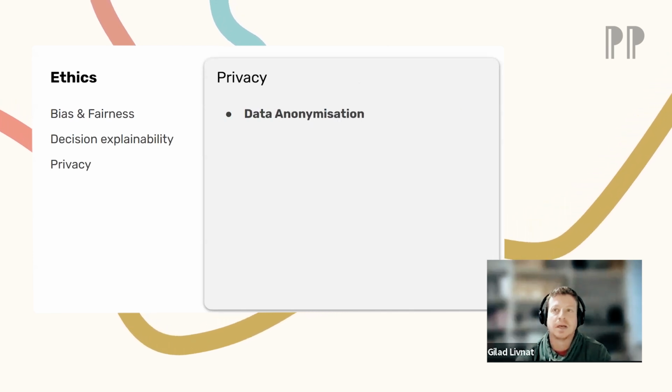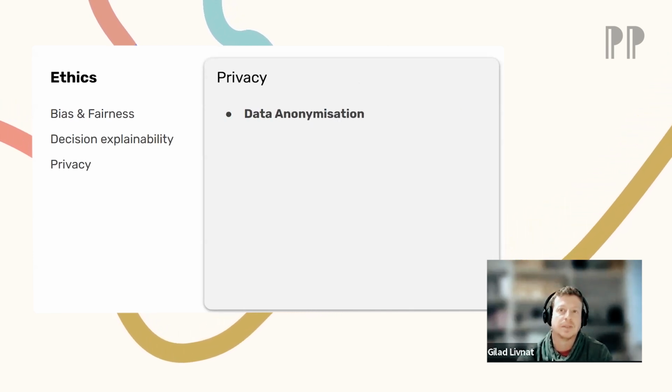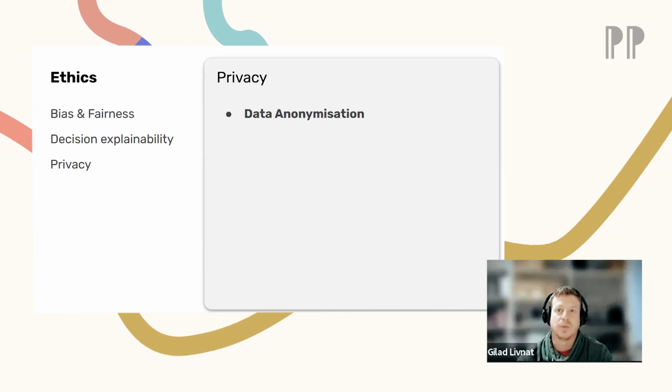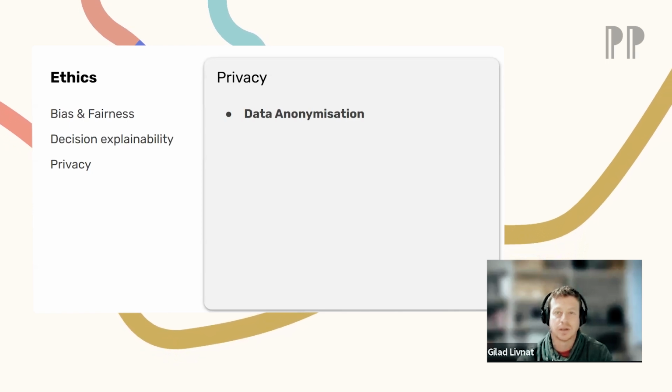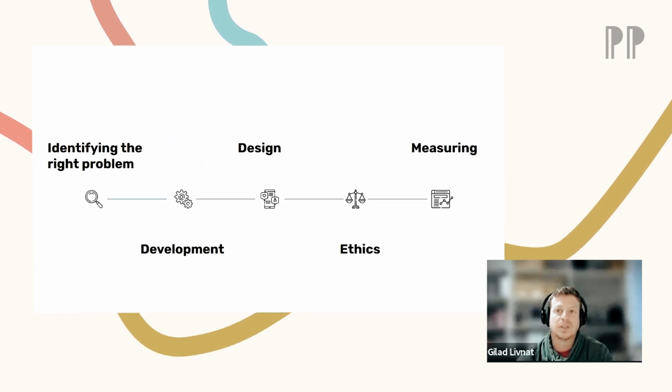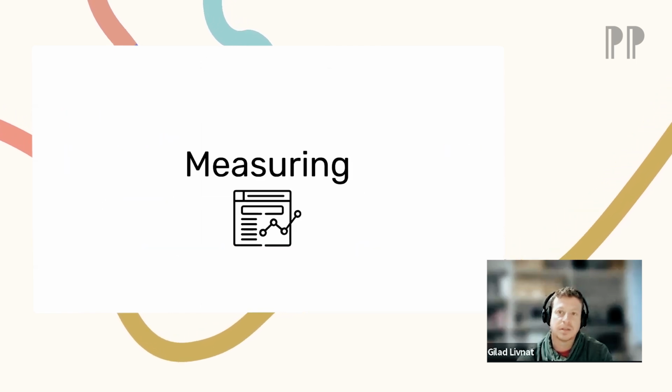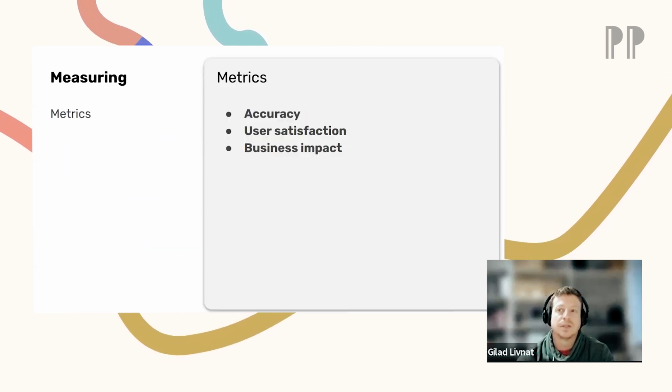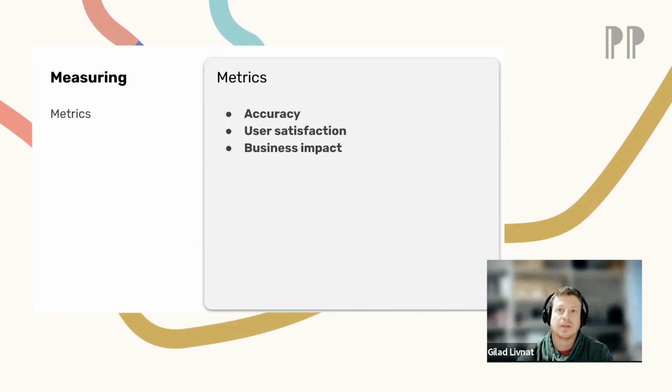What else? Yeah, data anonymization. This is something that Zoom is doing pretty well, if you ever looked at products that are anonymizing data. And of course, measuring. It's something ultra important in those areas.